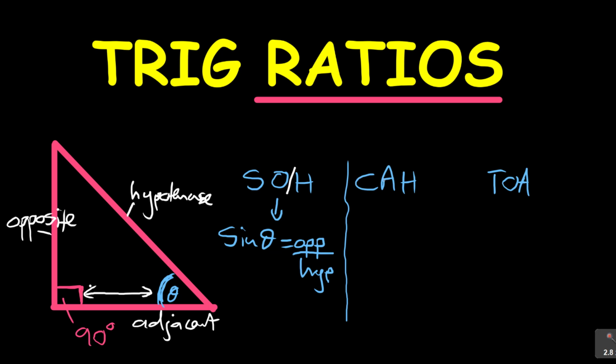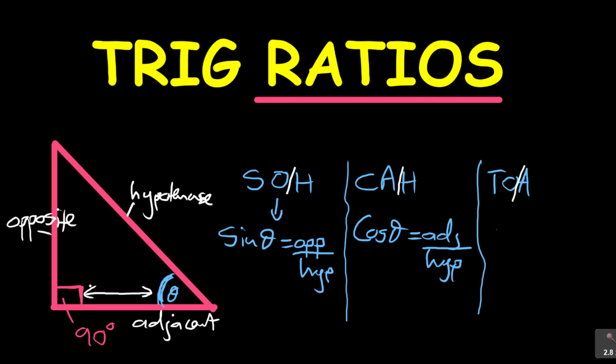Cos theta is equal to adjacent over hypotenuse, as well as tan theta is equal to opposite over adjacent.